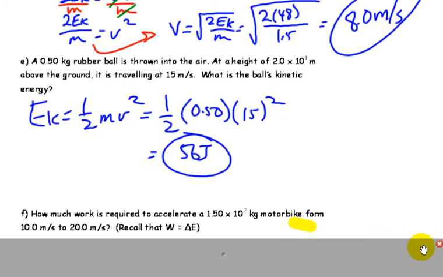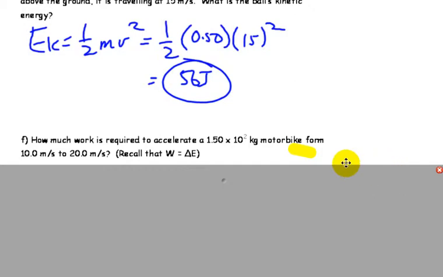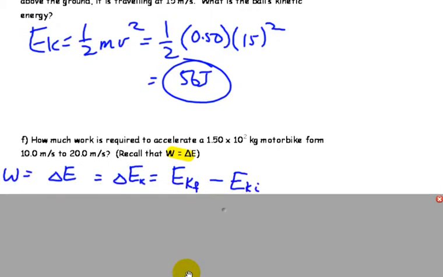How much work is done to accelerate a 150 kilogram motorbike from 10 meters per second to 20 meters per second? So here we're dealing with work. And earlier I mentioned in order for work to be done, a change of energy must happen. And of course the change in energy is involving a change in kinetic energy. We're going from 10 meters per second to 20 meters per second.